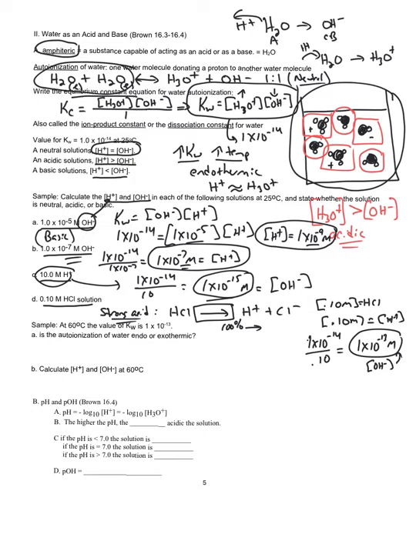If it's an acid, the concentration of the acid is equal to the concentration of H plus in that solution. Okay? We've already talked about how the auto-ionization of water is endothermic, and that's because as temperature goes up, K goes up. Okay? So I'm going to drop down now and look at how to calculate pH and pOH.